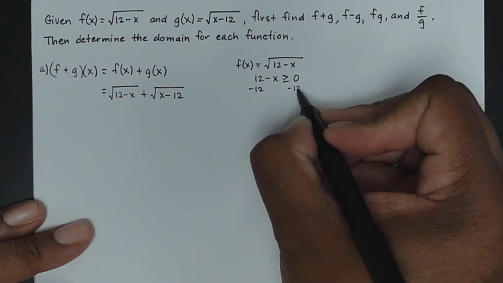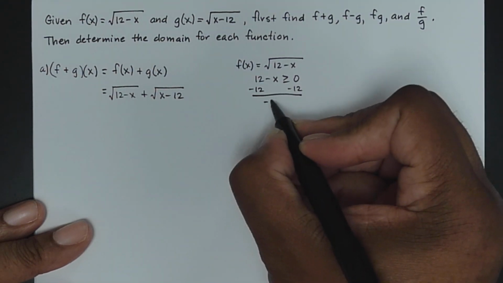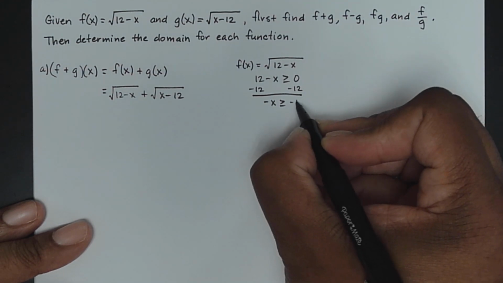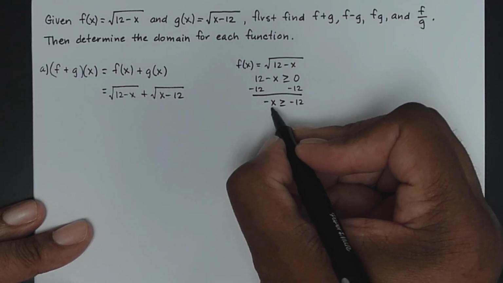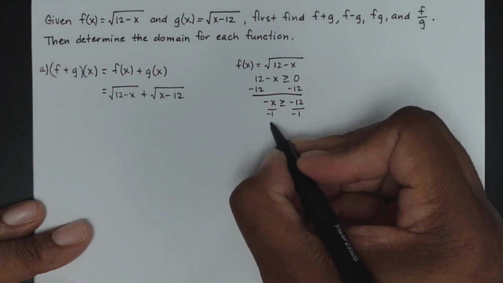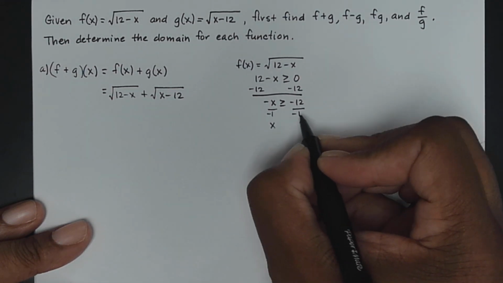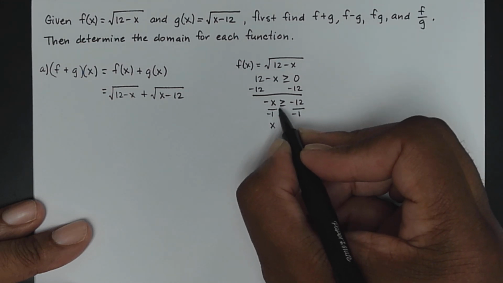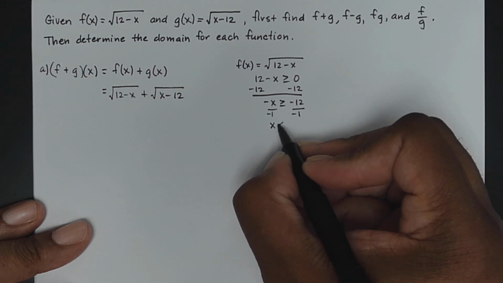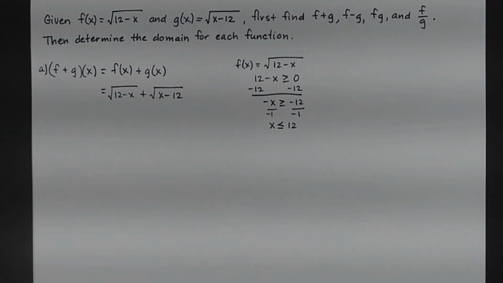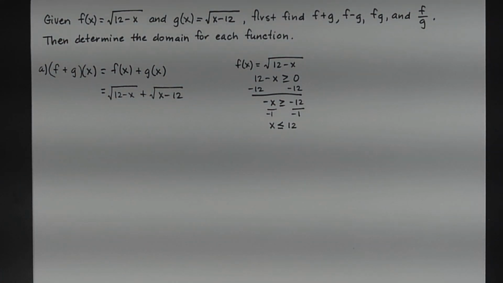So here I need to subtract 12 on both sides. That's going to mean negative x is greater than or equal to negative 12. Then if I divide both sides by negative 1, this will be x, but since I'm dividing both sides of an inequality by a negative number, that greater than or equal to symbol changes to less than or equal to. So here I end up with x is less than or equal to 12.